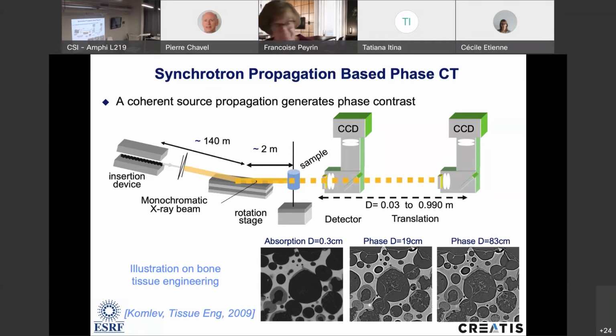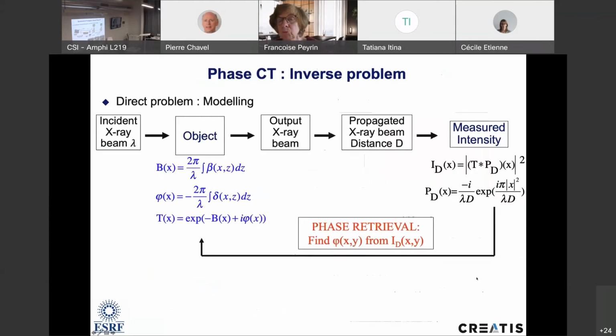In this case, for this illustration, the images were simply reconstructed with a standard filtered back projection algorithm without doing anything special to recover the phase contrast. But if you want to do quantitative phase contrast, you have to model the problem.